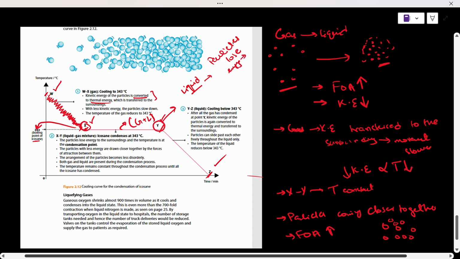Losing energy means they lose movement and kinetic energy. If kinetic energy is decreasing, temperature is also decreasing. That's why you see a decreasing graph, which tells you that the temperature decreases after all the gas has been converted to a liquid.